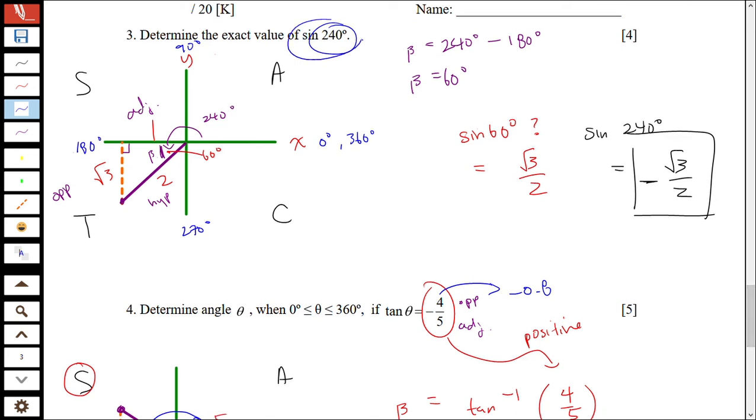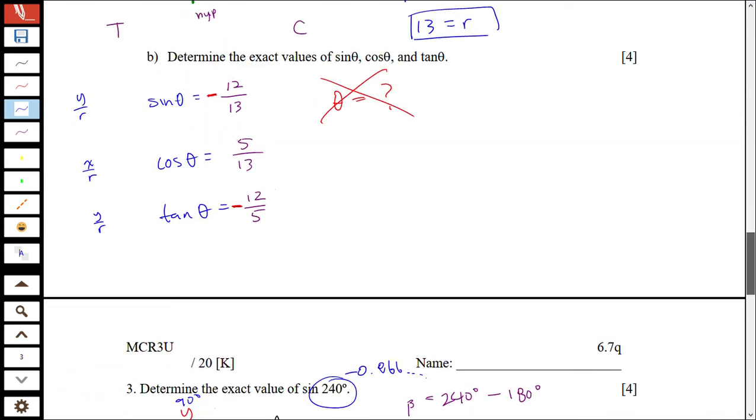So what I do is I take sine of 240 and put it in the calculator, and I get a decimal value of approximately -0.866, and it continues. Well, see if you can get the same value for this. So if I do -√3 divided by 2, I get a decimal value of -0.866, well, you know that you have the correct answer, or they should at least be correct.